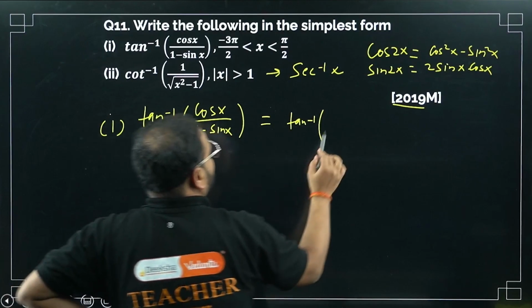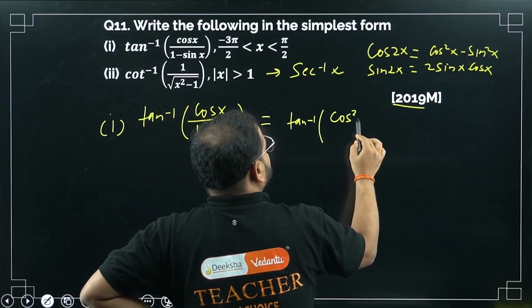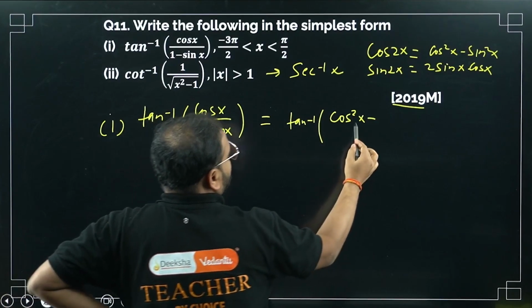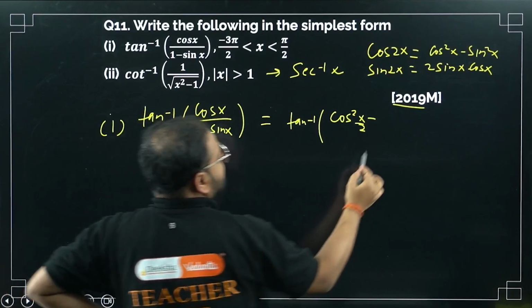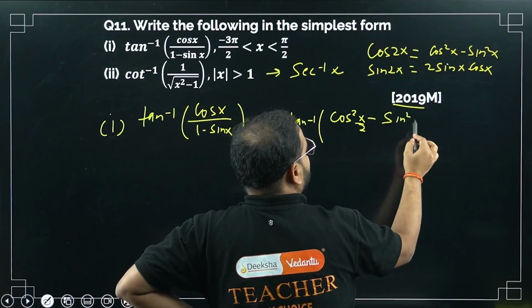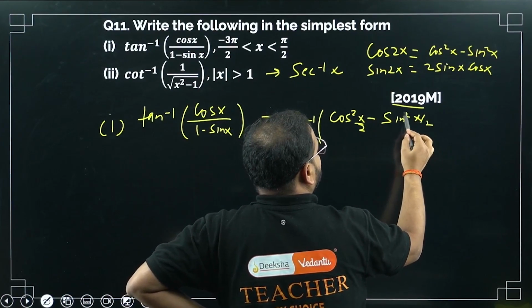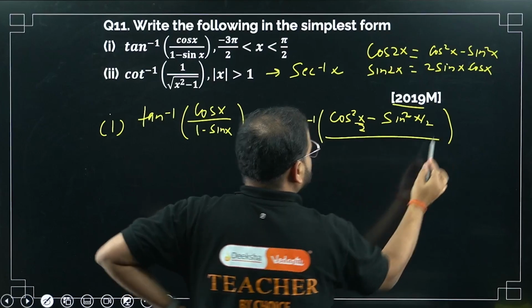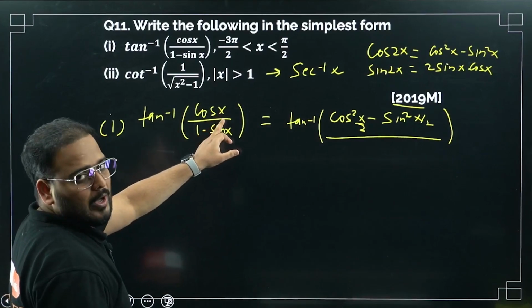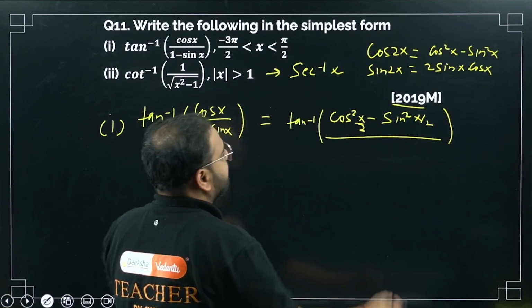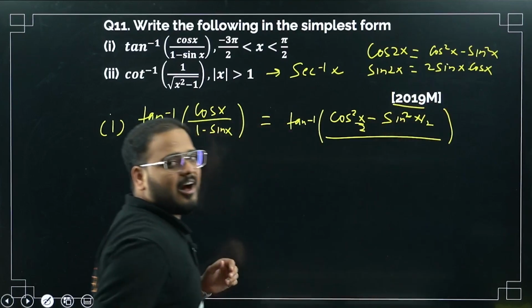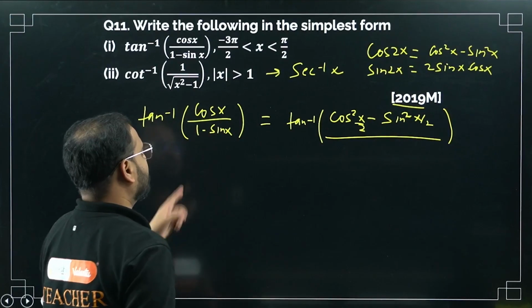So cos x will become cos square x by 2 minus sin square x by 2. How come by 2, sir? Please understand, this is just x, not 2x. So I have to write it half. When it was 2x, it was x, so x will become x by 2. What about the denominator?